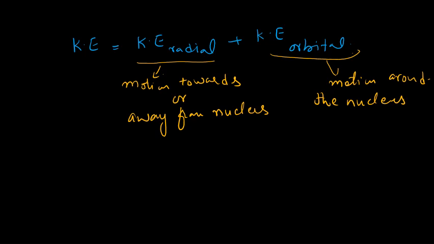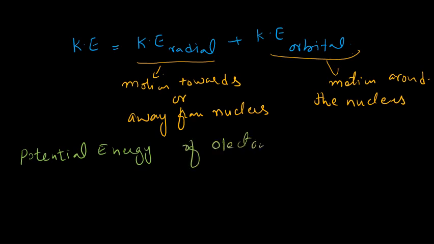Now we come to the potential energy. What is the potential energy of the electron in the atom? It can be represented by the parameter U, and it is equal to minus e square over 4 pi epsilon naught r.